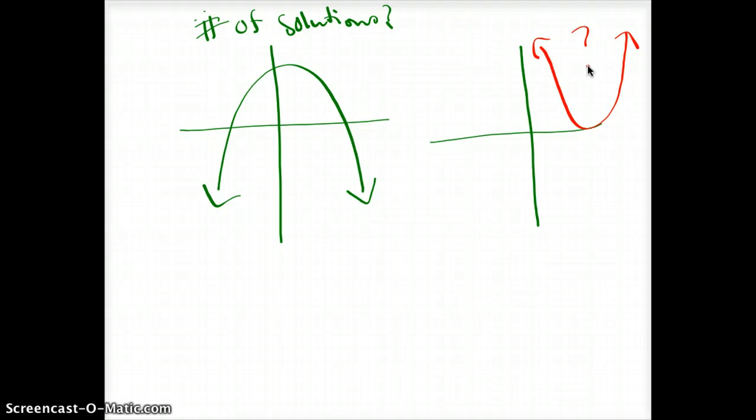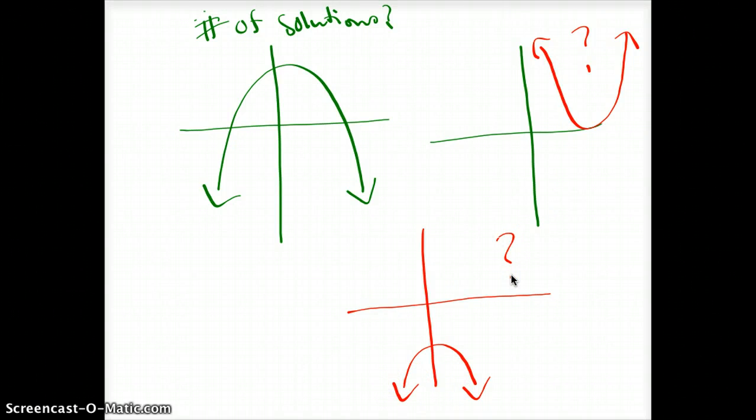If it looks like this, how many solutions does it have? So I want you to be thinking about what types of graphs would have no solution, two solutions, one solution. And it should be obvious when you look at a graph how many solutions it has.